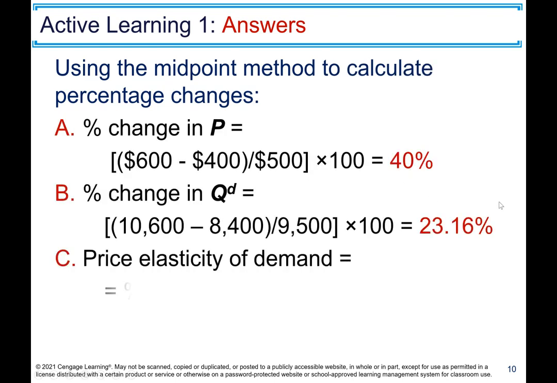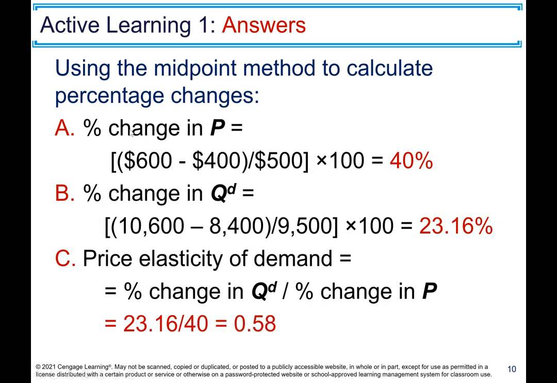Use the midpoint method to calculate percentage change. A. Percentage change in price is 600 minus 400 divided by 500 times 100, that is 40%. B. Percentage change in quantity: 10,600 minus 8,400 divided by 9,500 times 100 is equal to 23.16%.